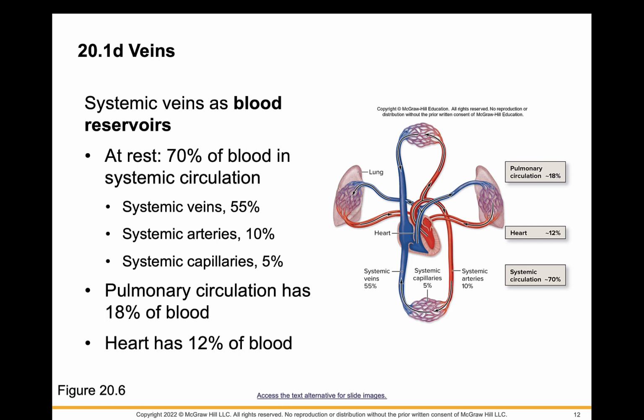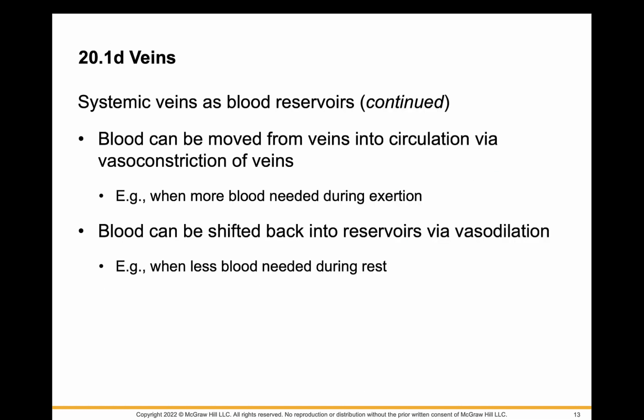If we look at how that's distributed, 55% of that is going to be in the veins, only 10% is going to be in the arteries, and 5% is going to be in the systemic capillaries. If we look at the remaining 30%, 18% of that is going to be found within the pulmonary circuit, and the remaining 12% is going to be found in the heart.